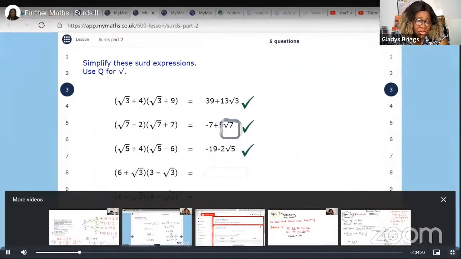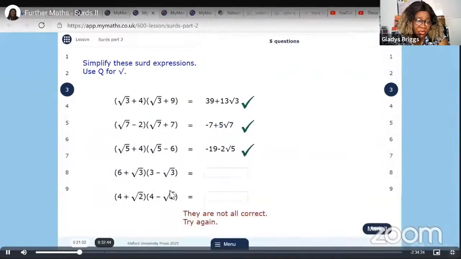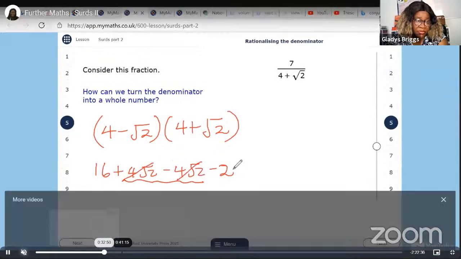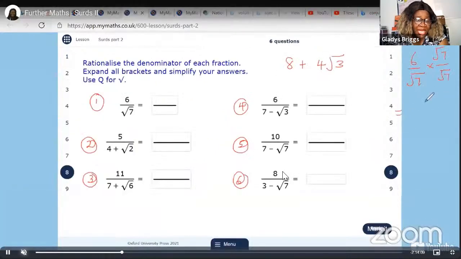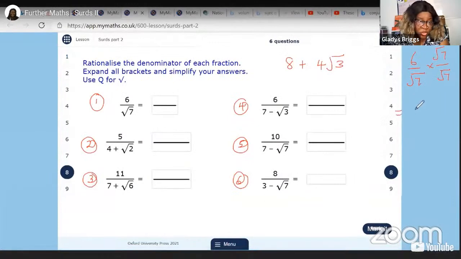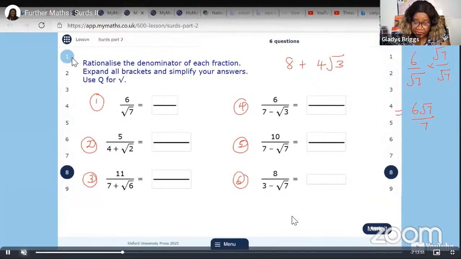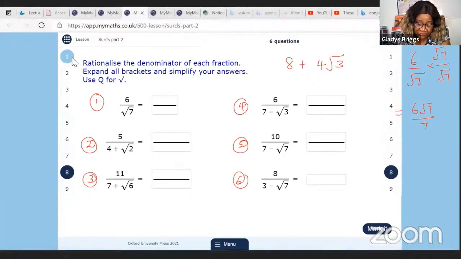Yeah, this is all still expanding brackets. I think we did it again. Sorry, I don't want the volume. Okay, so we had a look at how to rationalize the denominator for bigger ones. I'm going to write some of them now, and I can do it again with you so you remember how to do it. I'll do them with you on my whiteboard. Let's just look at all the skills we covered in class.